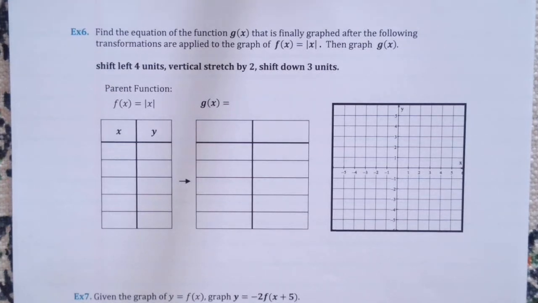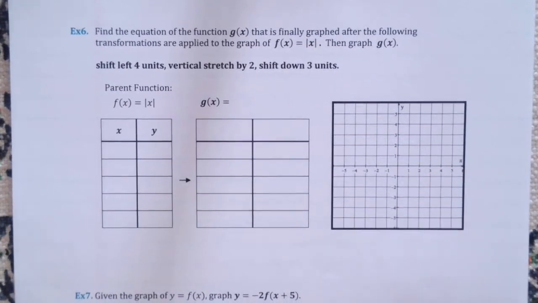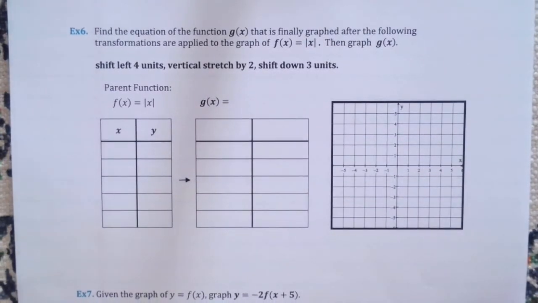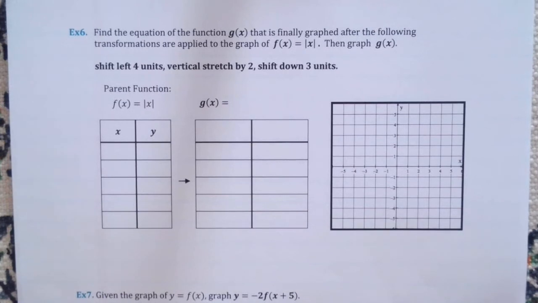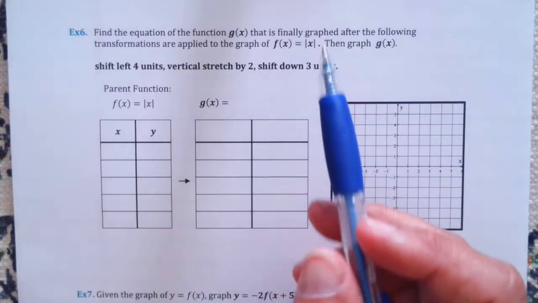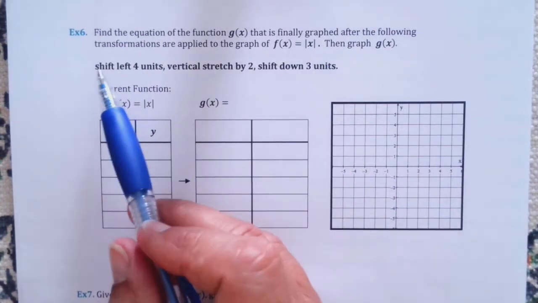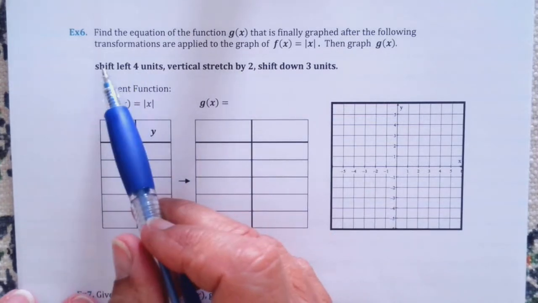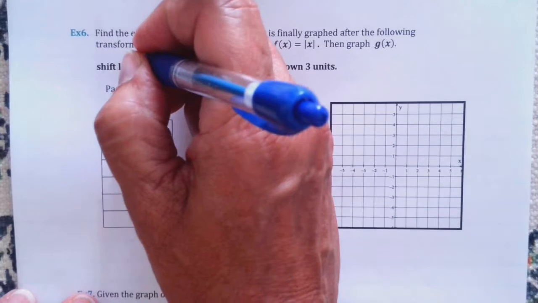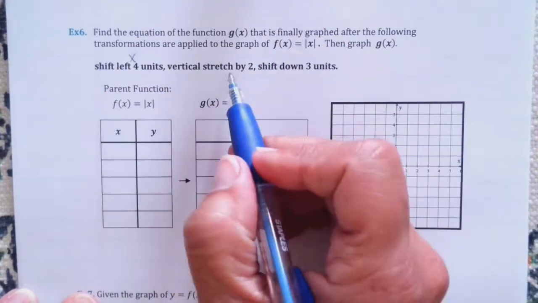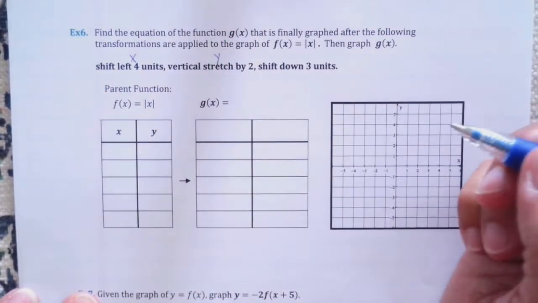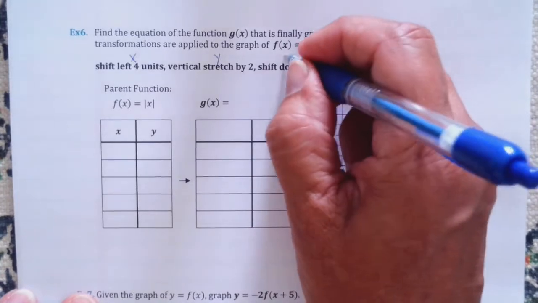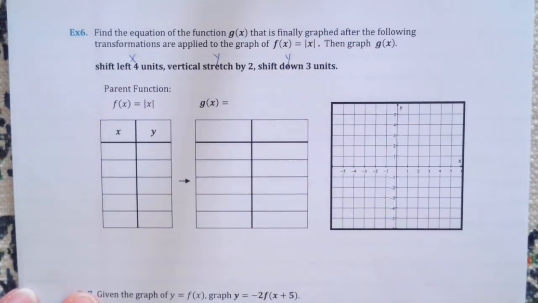So let's finish this by doing another absolute value parent function. And again, we're writing the equation like we did in example 5 when we left off on part 1. So they're telling you the parent function is the absolute value of x, and then we're going to do these 3 transformations. So again, shifting left is affecting x, vertical stretch affects y, and shifting up and down would be y as well.